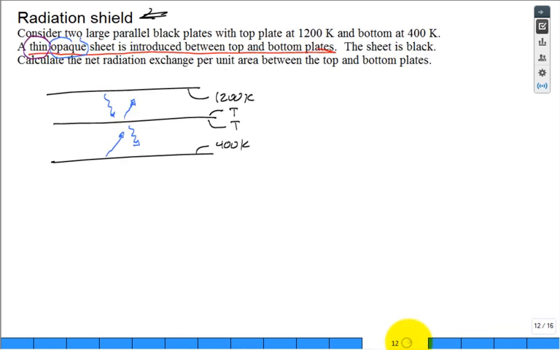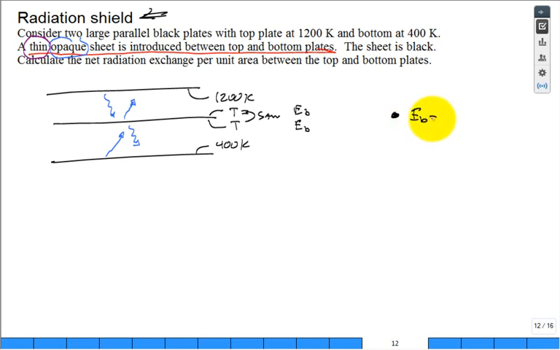So if the temperatures are the same, what about the EB on the top side and the EB on the bottom side of that foil, that shield? They're the same. So what I'm going to do is just have a node for the EB in the middle.